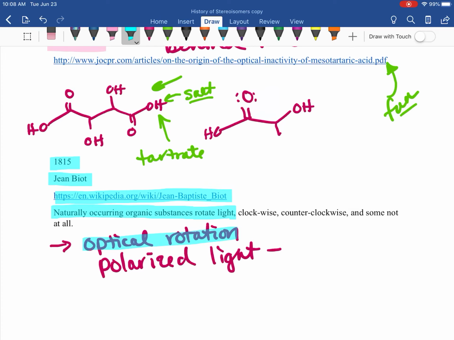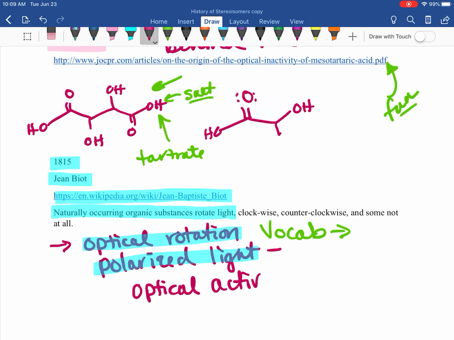I want to comment here that an awful lot of our vocab starts here, with the polarization and the rotating of light and something called optical activity. We will get to optical activity a little bit later. We're going to get a little bit deeper with that.